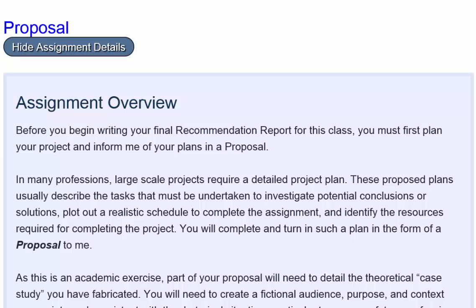For your proposal, you will be first proposing your planned project for your recommendation report to your instructor. This is important because it's going to require you to really map out what the exact scenario is that you are responding to in this recommendation report, what the 2 options are that you're comparing, and it will help you map out what sort of research you need to be doing, what citation style you should use, and so on.